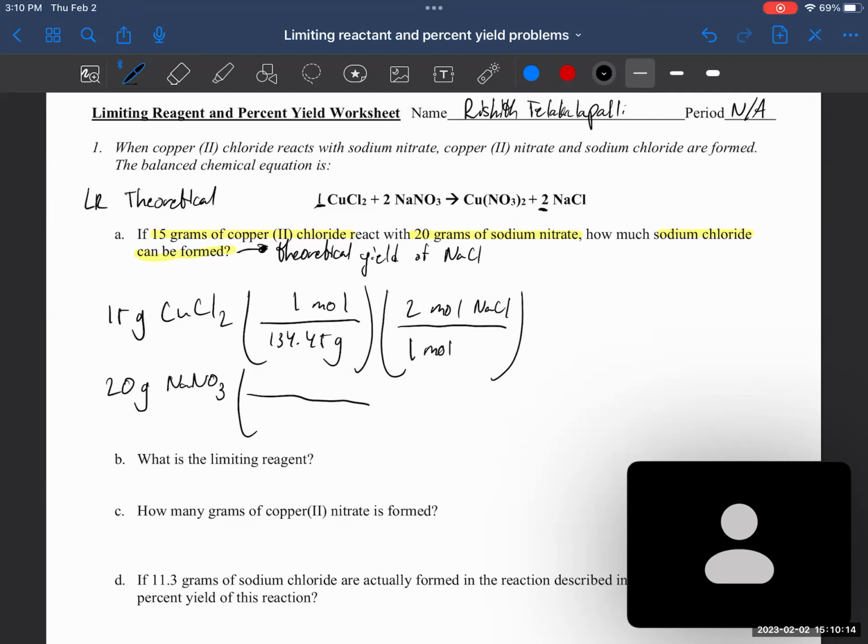Which is 48 plus 14, that's 62. 62 plus 23, yeah, it should be 85. So let's go with 85 grams per mole. And then for sodium nitrate, it's a 1-to-1 ratio. So for every 2 moles sodium nitrate, there's 2 moles, again, sodium chloride. So 2 and 2 reduces to 1 and 1. So 1-to-1 ratio. Then if we bust out our fancy calculator device, just somewhere in my backpack.